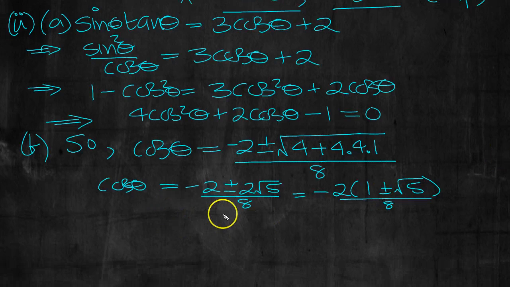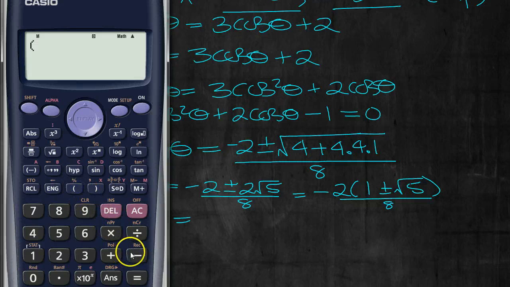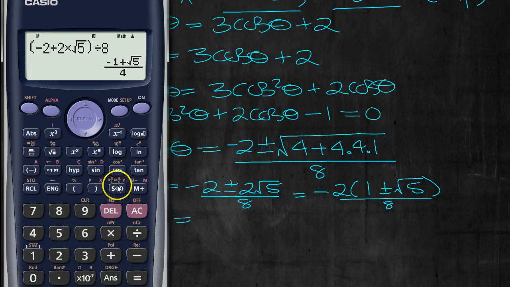So then cosine theta, let's tap in the calculator. Minus 2 plus 2 times the square root of 5, close bracket, divided by 8 equals 0.3090.